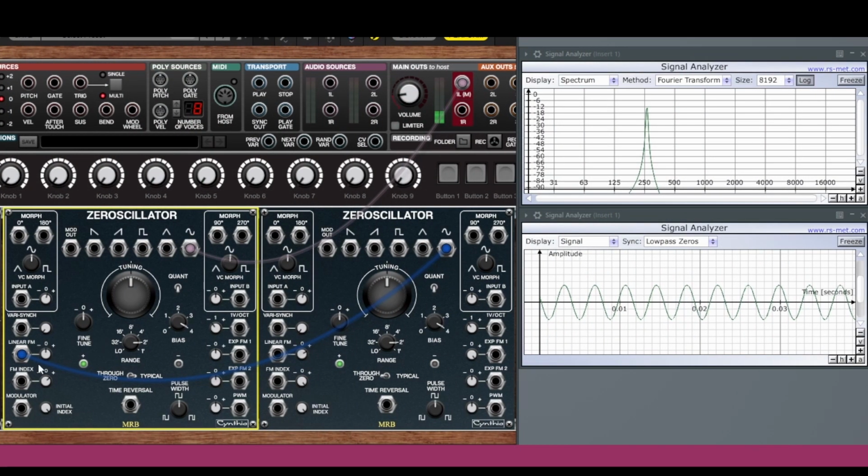The second hint and the proof of our suspicion is given to us when, anticipating my next measure a bit, I switch from typical to through zero FM. All the strange phenomena vanish again.